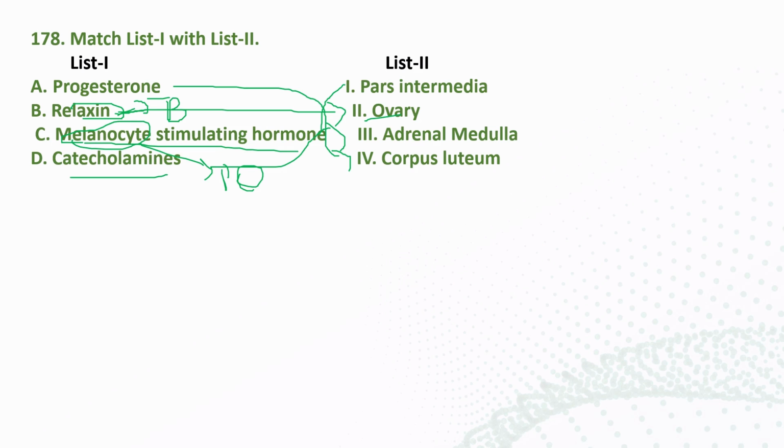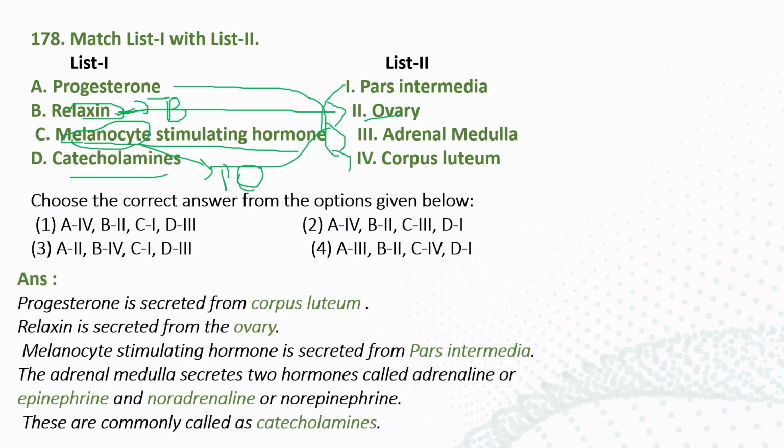There are many types, like epinephrine, norepinephrine, or adrenaline, noradrenaline. These are all known as catecholamines, and they are produced from the adrenal medulla, which is present on the kidneys.